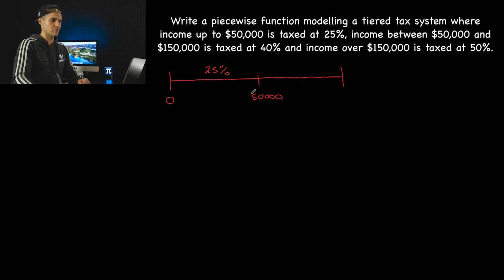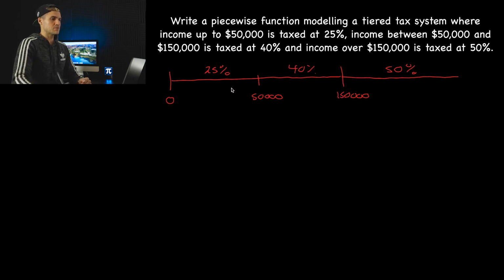Okay, then income from 50,000 to 150,000 gets taxed at 40%. And then let's extend this timeline. Basically income above 150,000 to infinity is going to get taxed at 50%, like that. Right, so just a nice way to take the information and put it on a visual number line so you could organize your thinking a little bit.